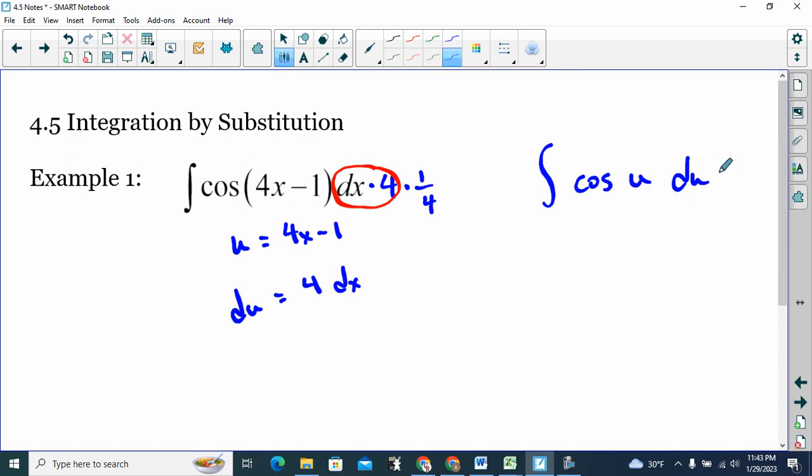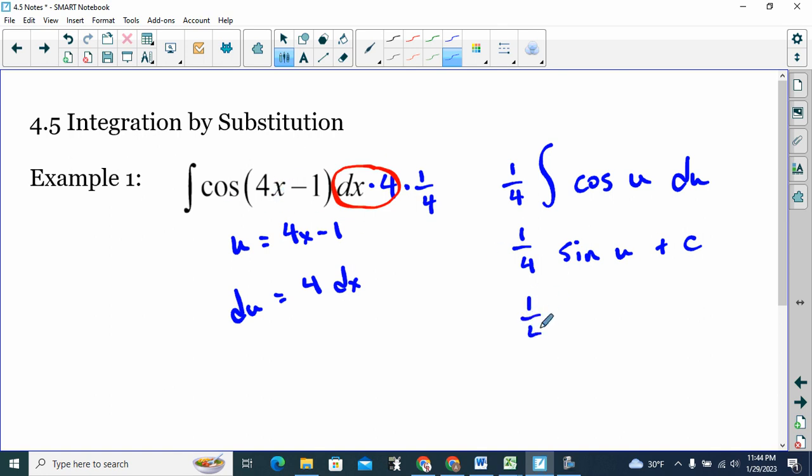Well, remember, if I have a constant, I can just move it out front. I can't move a variable out front, but I can move a number out front, 1/4. And now this is something I know how to integrate. The integral of cosine u is sine u plus c. And that can't be my answer because there were no u's in the problem.